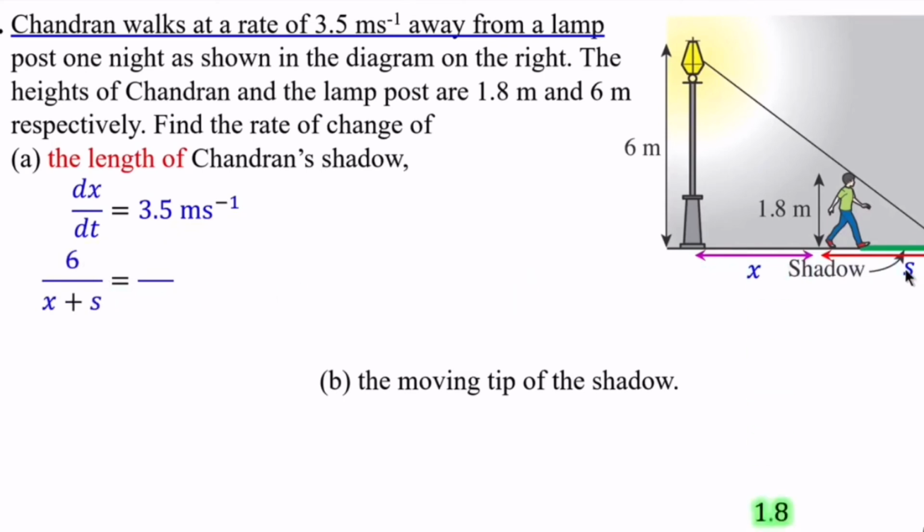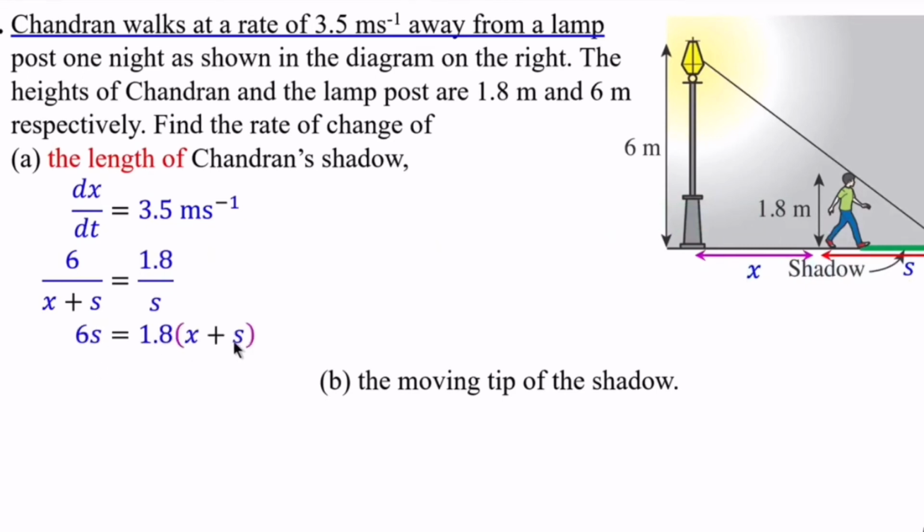You can draw a triangle. The height is 6, and the base of the triangle is x plus s. And there's another small triangle: the height of Chandran is 1.8 over s.